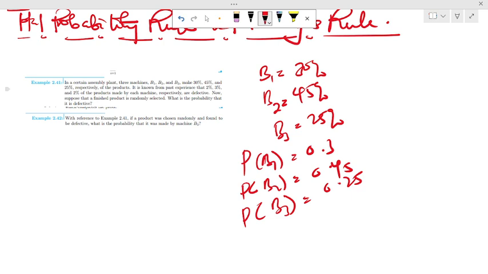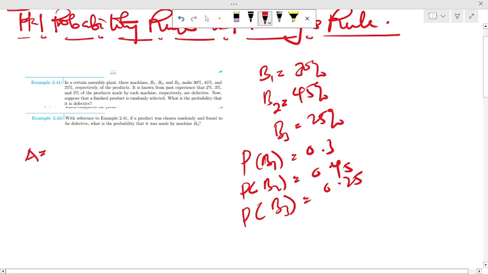Then the second sentence goes like, it is known from the past experience that 2%, 3%, and 2% of the products made by each machine are defective, right? So now they've told you that this percentage of products made by these machines are defective. So let A represent defective items.